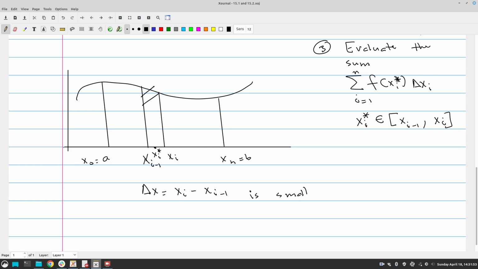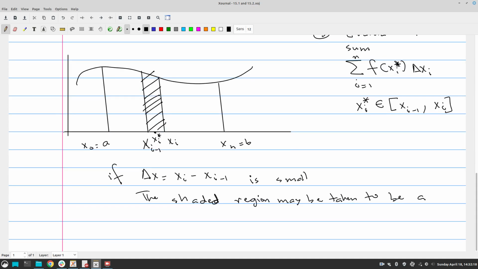If delta x is small, then this shaded region may be taken to be a rectangle of height f of xi star and width delta x.